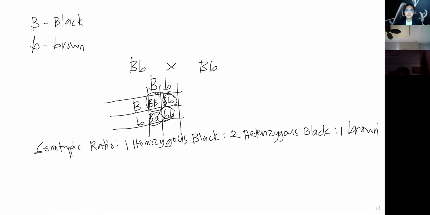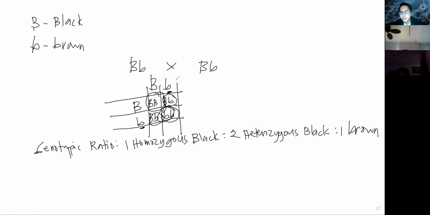If you observe it, brown can only manifest if paired with another recessive allele. The absence of one can mean that you cannot observe this behavior. It should be paired with another recessive allele.